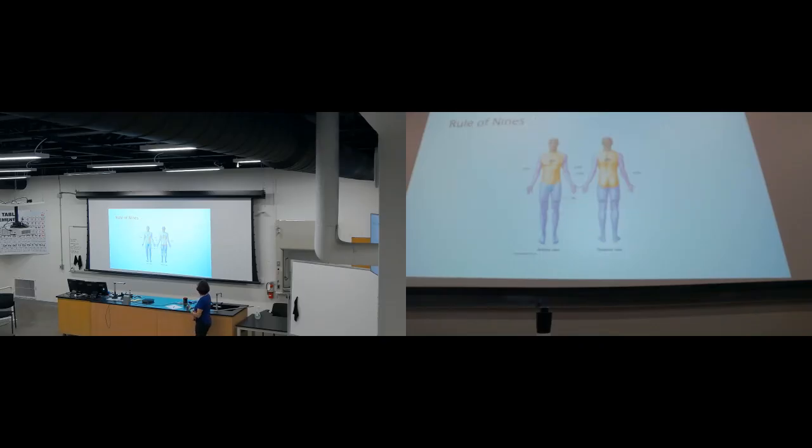So here is the rule of nines in adults. The head, the anterior part is 4.5%, posterior part is 4.5%. Total, 9%, the entire head. The torso, anteriorly is 18%, back is 18%, and it goes up to the buttocks here.